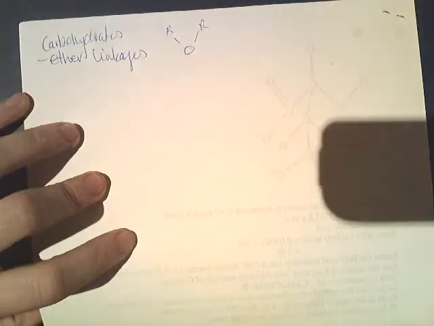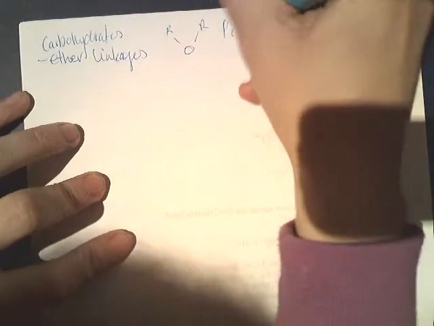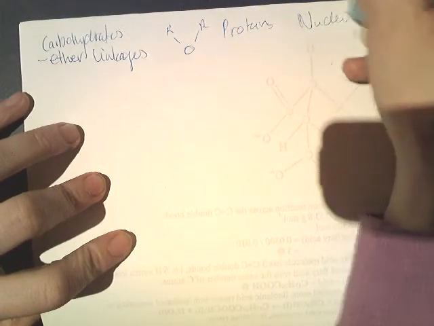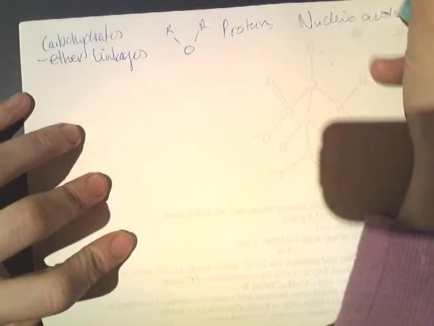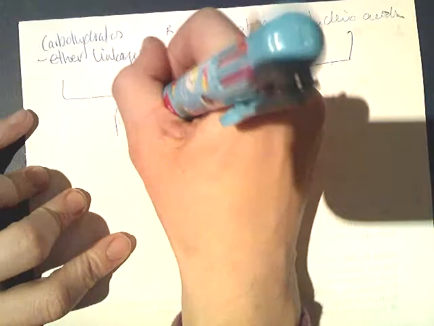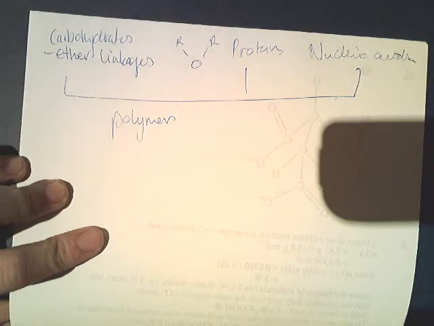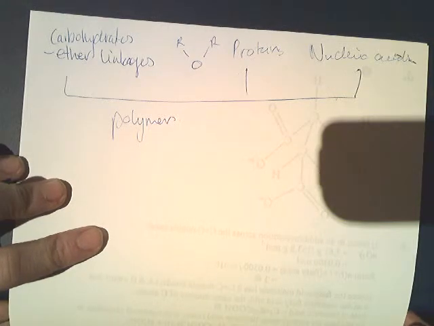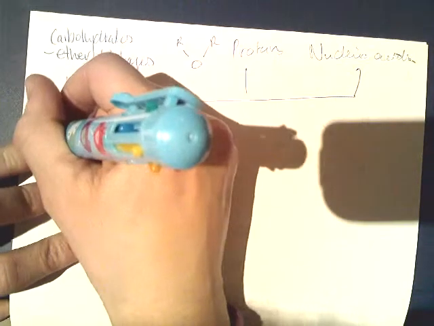Okay, so another difference with carbohydrates and with proteins and with nucleic acids is that they are called polymers, which means that they can be formed into polymers, which means that they are made or can be made of multiple monomers.